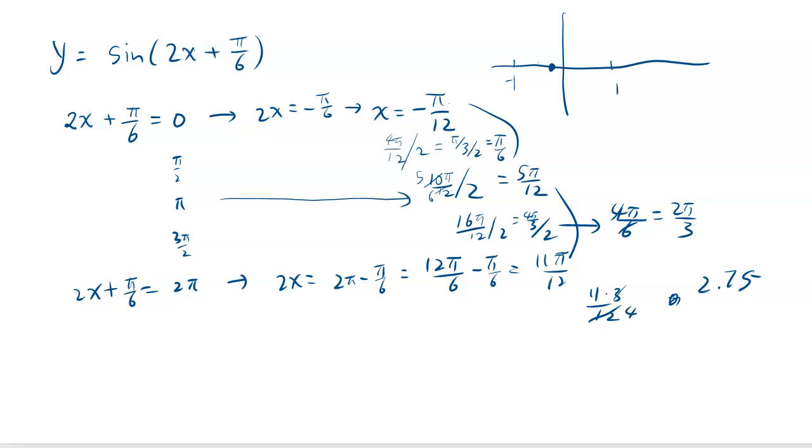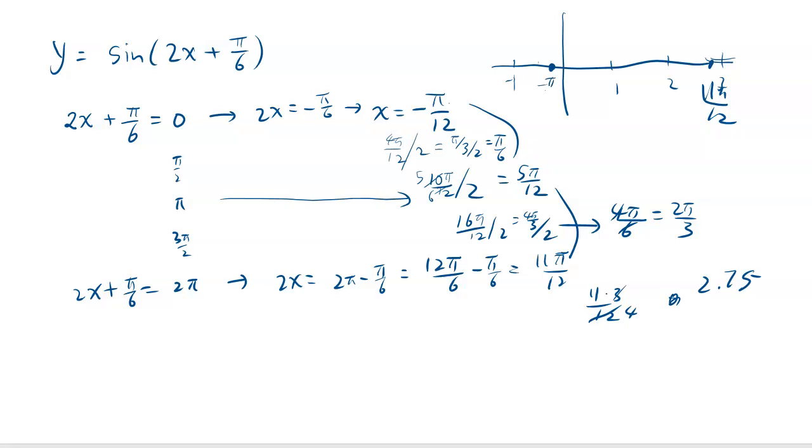If this is 1, that would be +1, +2, +3, and 2.7. Somewhere here will be my 2 pi over 3, no, not 2 pi over 3, it's 11 pi over 12, and then we just put all the other points.